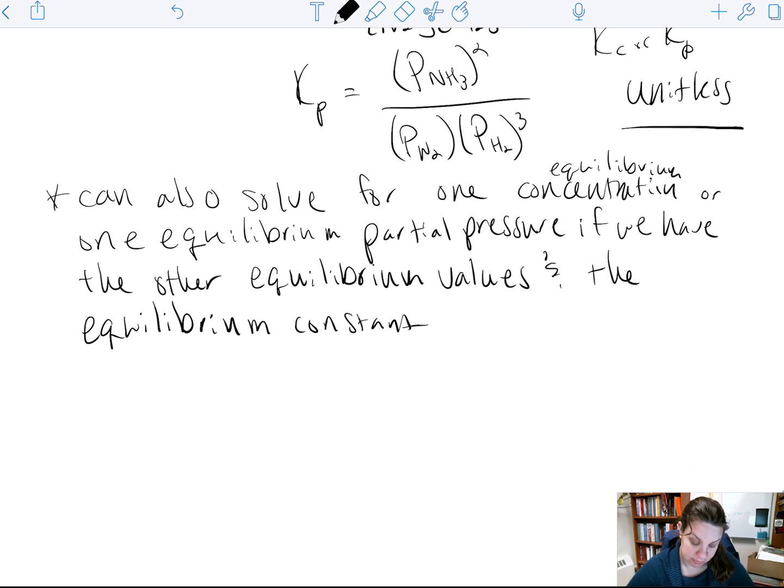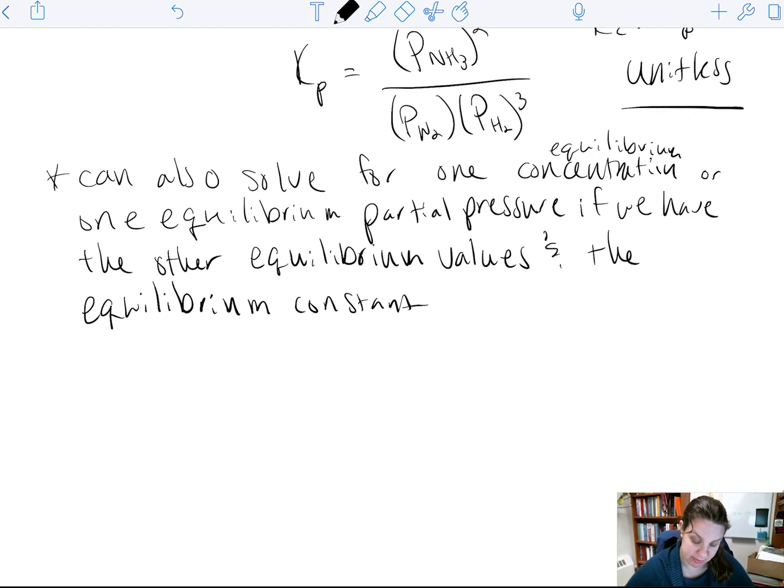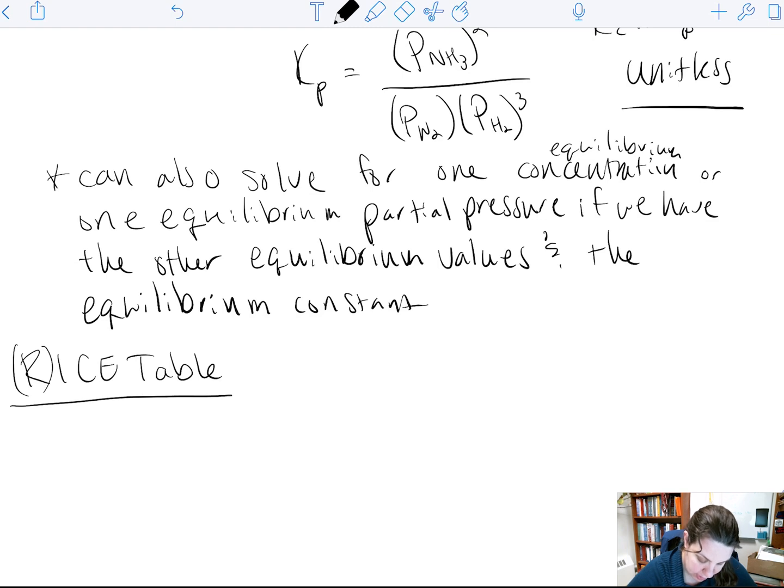Another calculation we can do with this information is we can determine our equilibrium concentrations if we have our initial concentrations and our Kc value. So this is when we're going to start using what's called a RICE table. Put the R there.